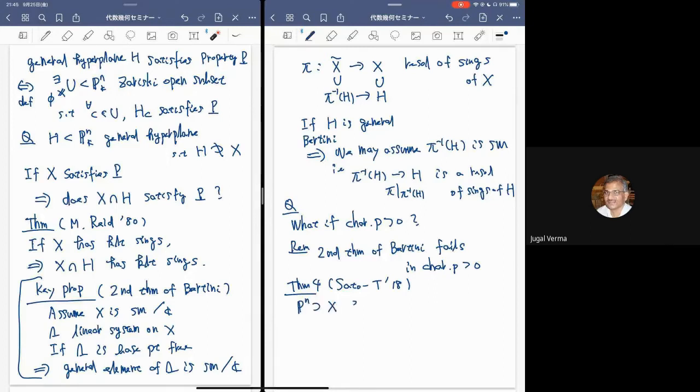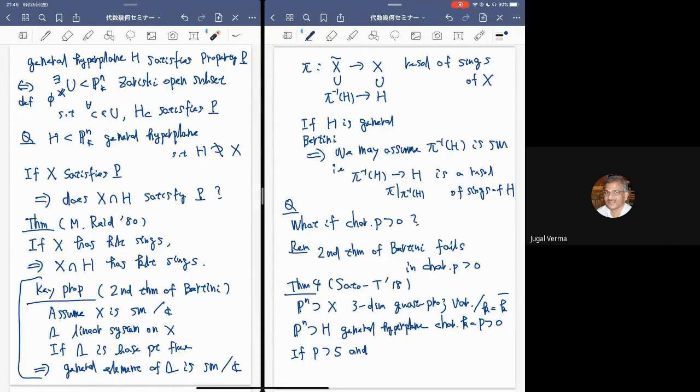If X is a three-dimensional quasi-projective variety, affine is fine, over an algebraically closed field of characteristic p, and again H is a general hyperplane, if the characteristic is greater than 5 and X has KLT singularity, then the intersection with H also has KLT singularity.